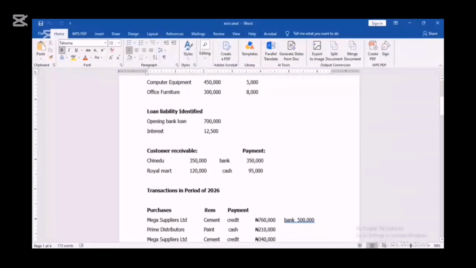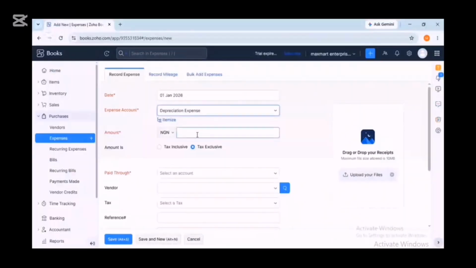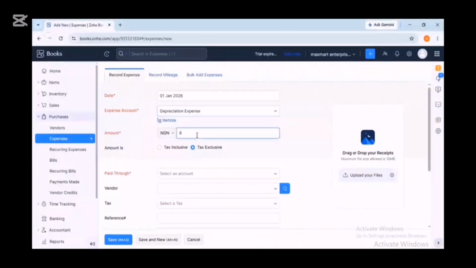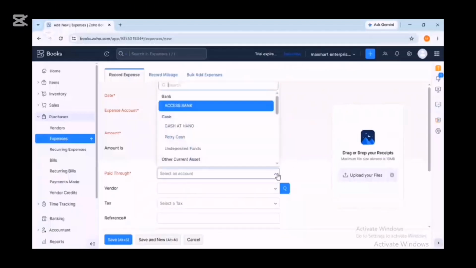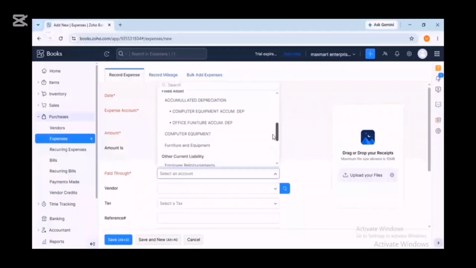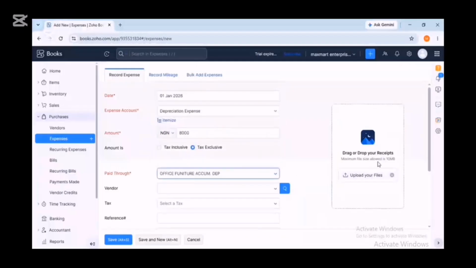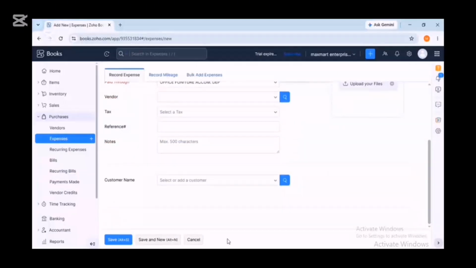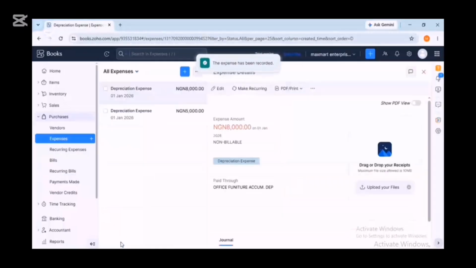Okay, 8,000 for office furniture. Then select the account as paid through the asset account, furniture. Let's save. So let's return home.